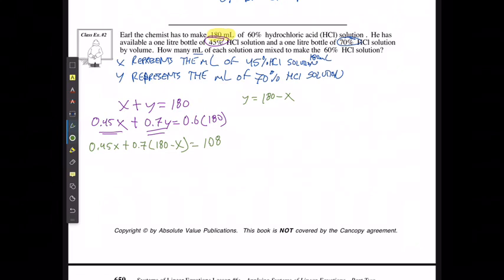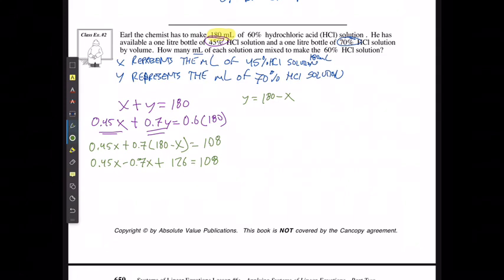I can multiply this out and say that 0.45X minus 0.7X plus 0.7 multiplied by 180, which is 126, is equal to 108.